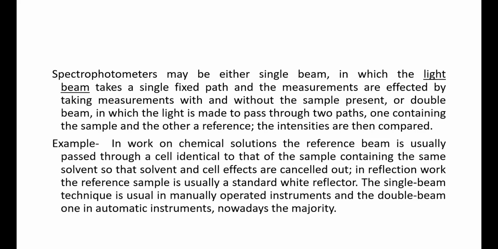Where you need a double beam of light. So in the double beam arrangement, the light is made to pass through two paths, one containing the sample and another containing the reference. The reference can be distilled water, a standard, or a reagent blank, depending upon your experimental requirements. So when we talk about spectrophotometers, there are two arrangements: single beam and double beam, right?